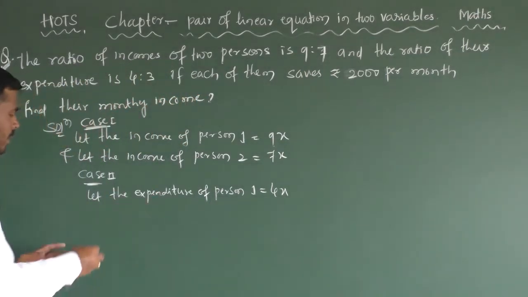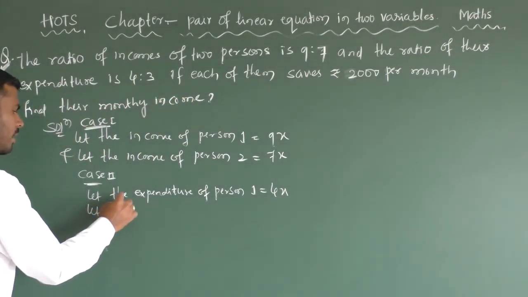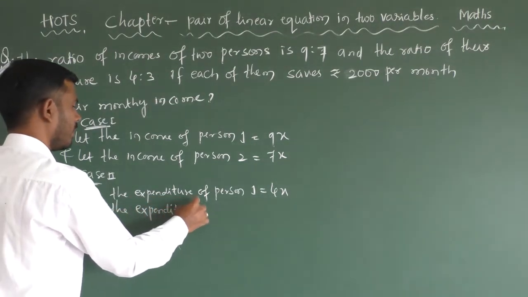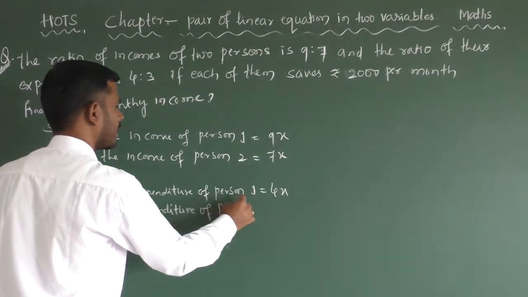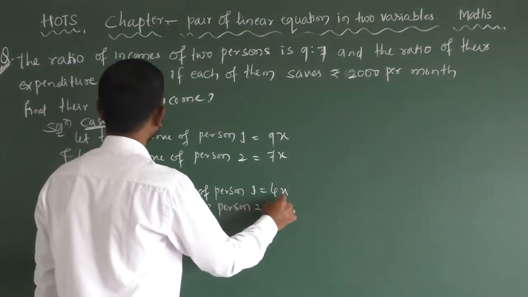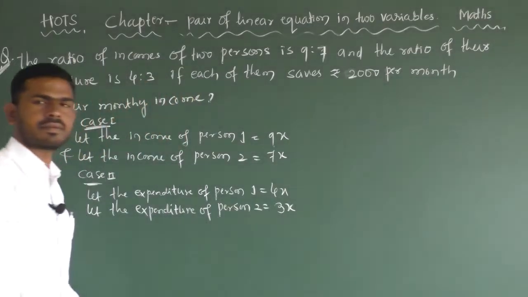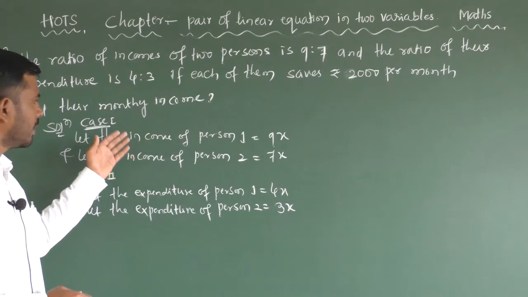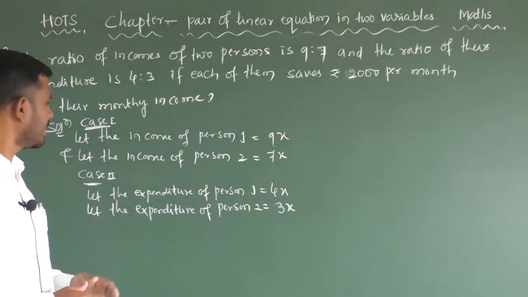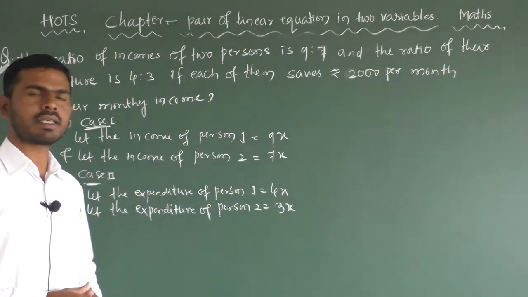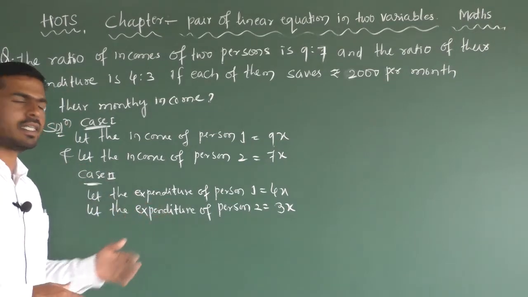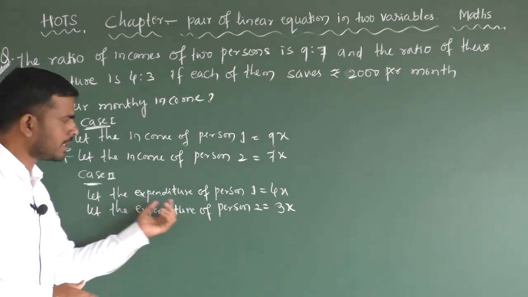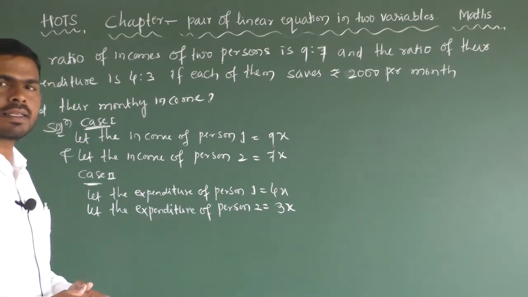Let the expenditure of person 2, the second person, be 3x. So case 1: income of person 1 is 9x, income of person 2 is 7x. Case 2 is expenditure: expenditure of person 1 is 4x, and expenditure of person 2 is 3x.